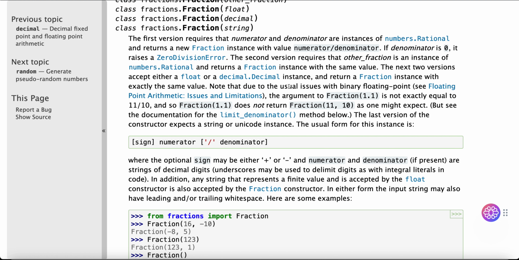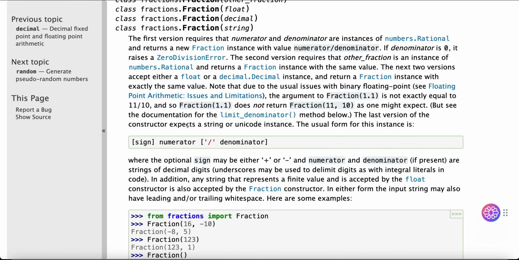Note that due to the usual issues with binary floating point, see Floating Point Arithmetic: Issues and Limitations, the argument to Fraction(1.1) is not exactly equal to 11/10, and so Fraction(1.1) does not return Fraction(11, 10) as one might expect. But see the documentation for the limit_denominator method below.